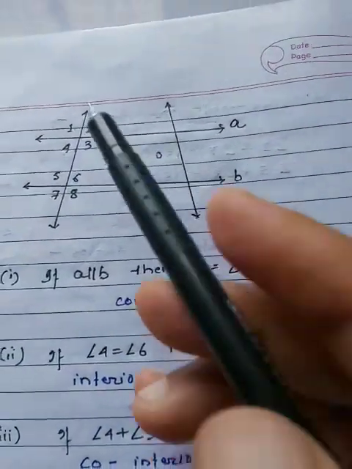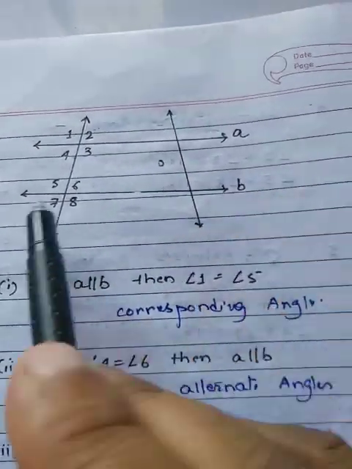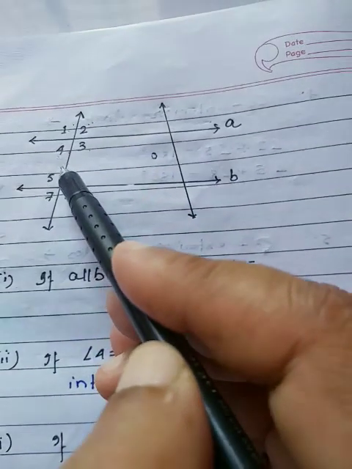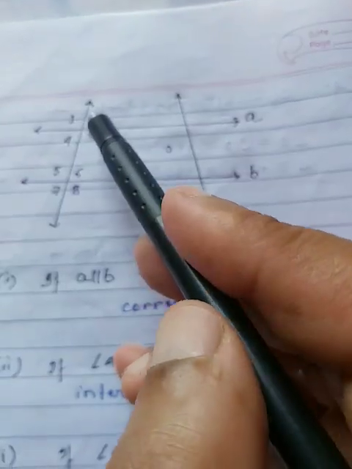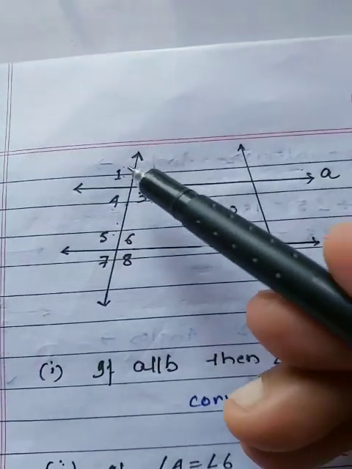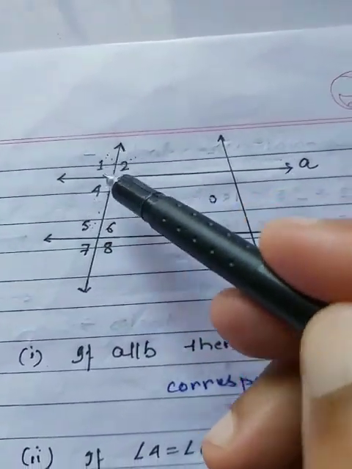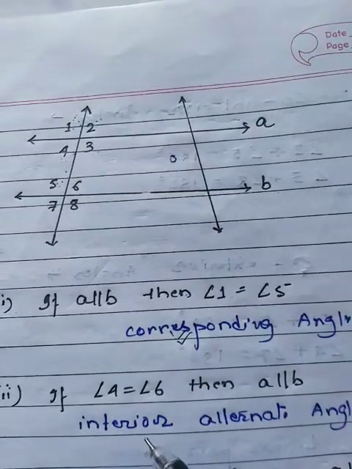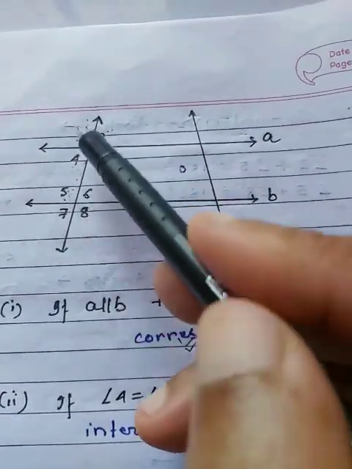Why? They have asked the reason. Just now we have learned that angles on the same side of the transversal, one outside, one inside, what relation? It is a corresponding angle. Because they are corresponding, that is the reason they are equal.